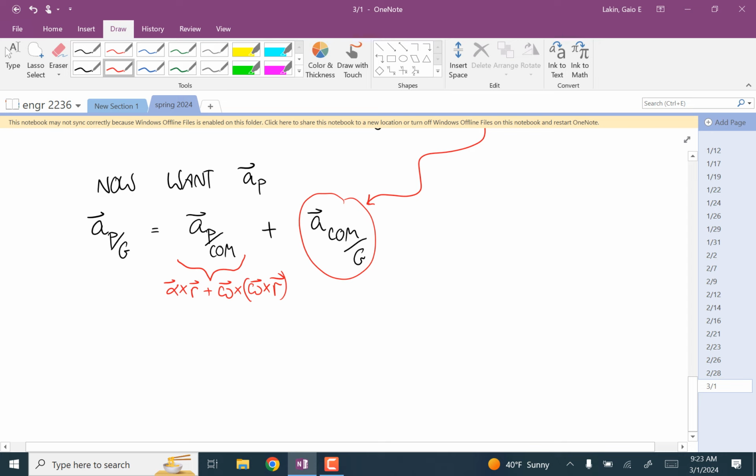Circular motion. So we already have the acceleration of the center of mass, and the acceleration of P relative to the center of mass.